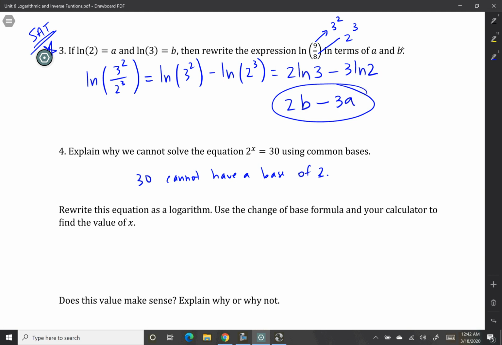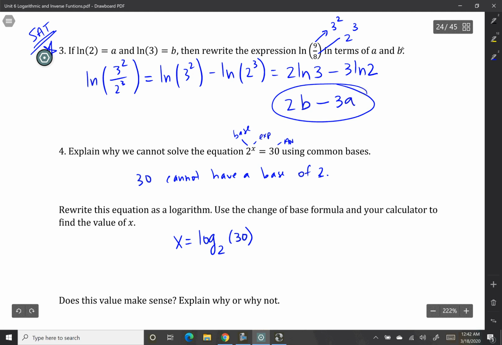So if I rewrite this as a logarithm, I know it's going to be x equals log base 2 of 30. I know that because we have a base, we have an exponent, and we have an answer. All logarithms are in the form of exponent equals log of whatever the base is, evaluating the answer.